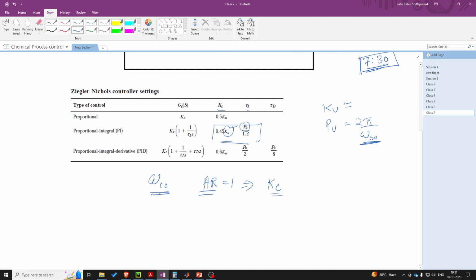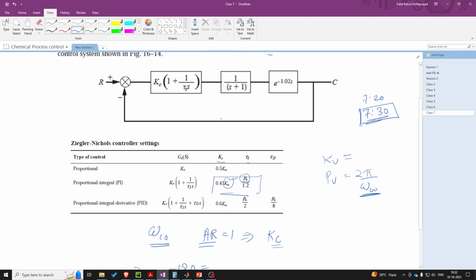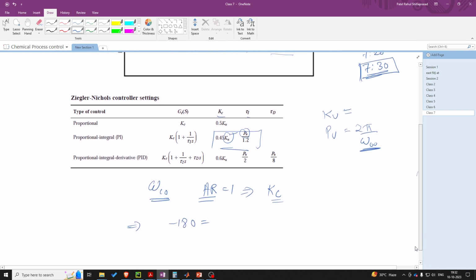While discussing what is Bode stability criteria, we mentioned that gain crossover frequency is the frequency at which the phase shift is minus 180 degrees for the entire process. Over here, the process includes its first order term and the lag term. Corresponding to this first order term, the phase shift is nothing but minus tan inverse omega, and corresponding to this lag, that is the exponential term, it is minus omega tau d, and basically you have to convert it into degrees.